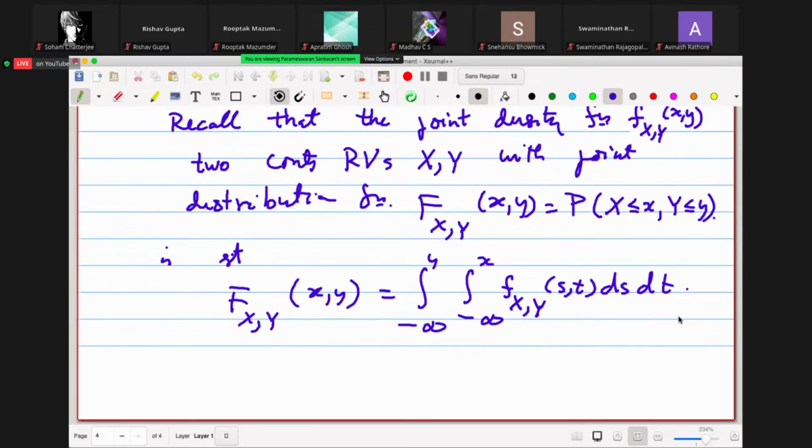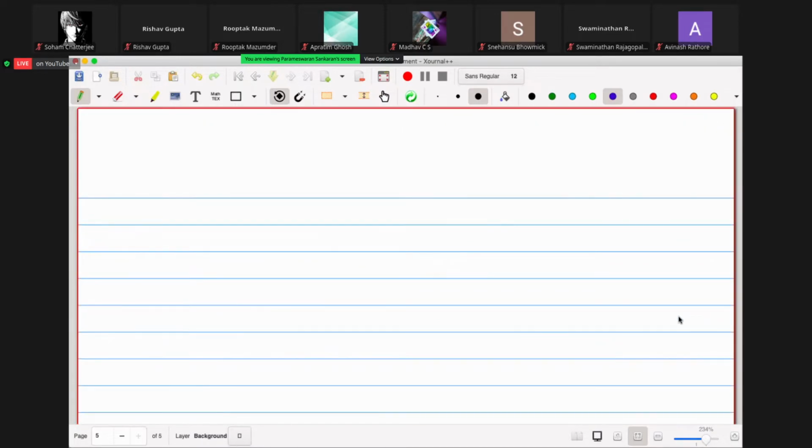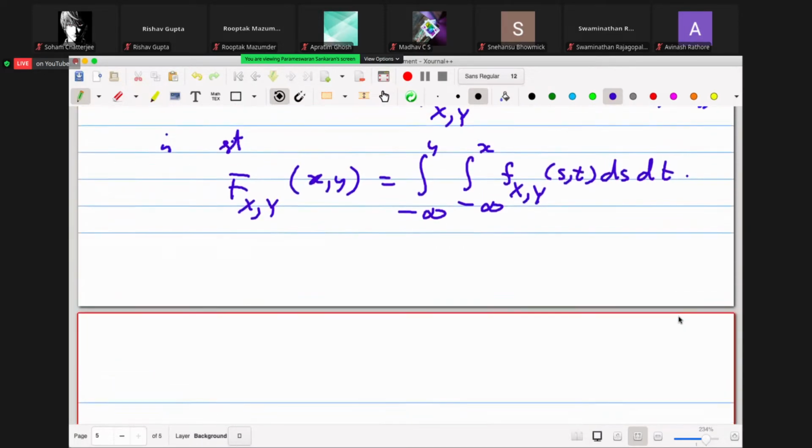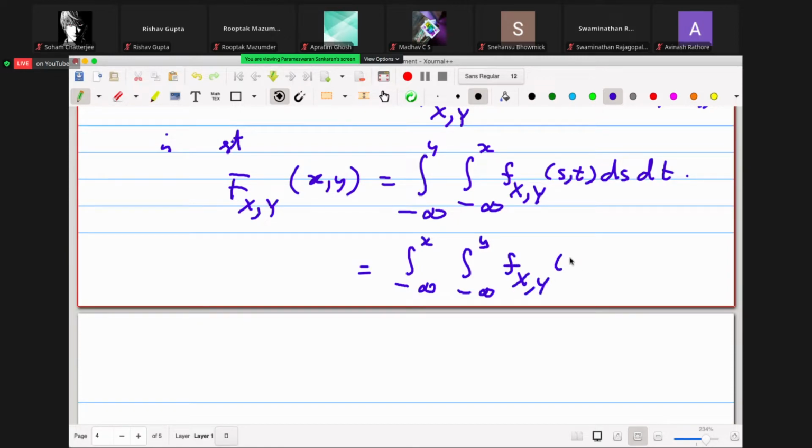And the order in which you integrate does not matter, which is justified by what is called Fubini's theorem in general. Let us not go into that. So this is also the same thing as the integral from minus infinity to x, integral from minus infinity to y, of f_XY of s comma t dt ds.